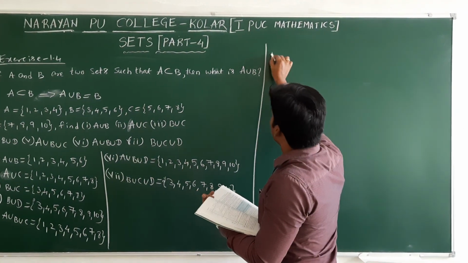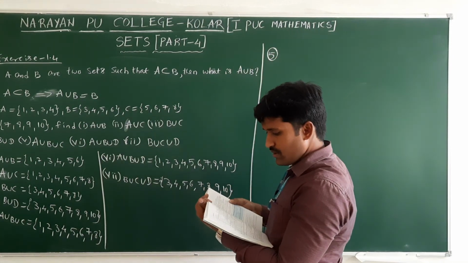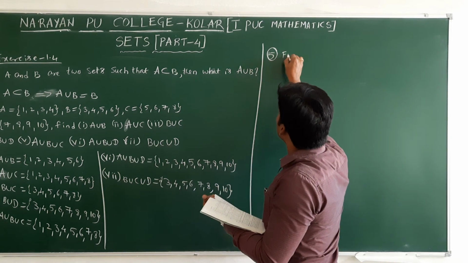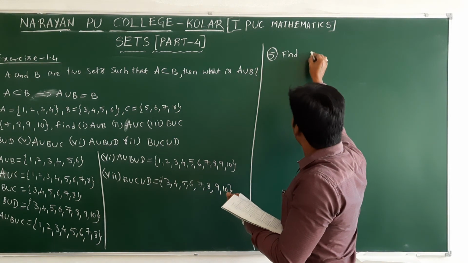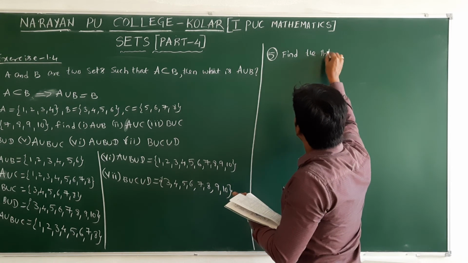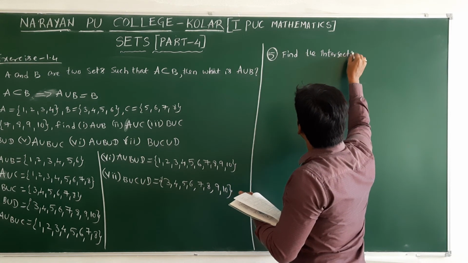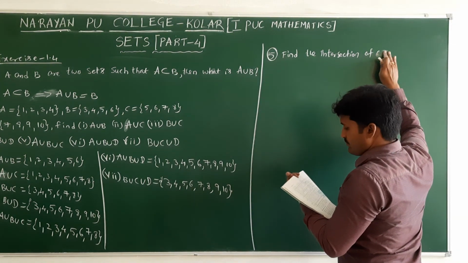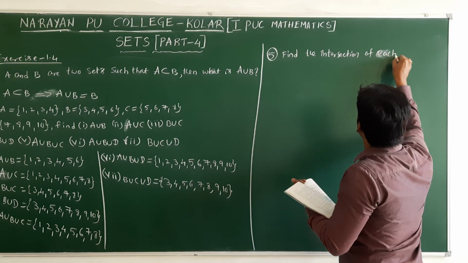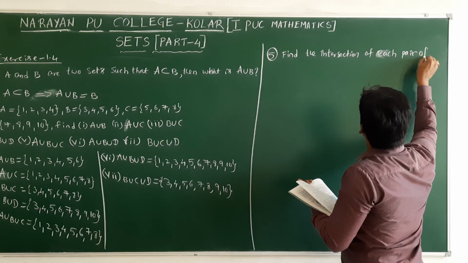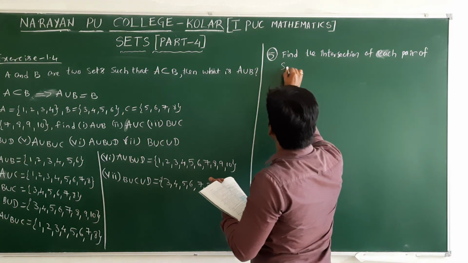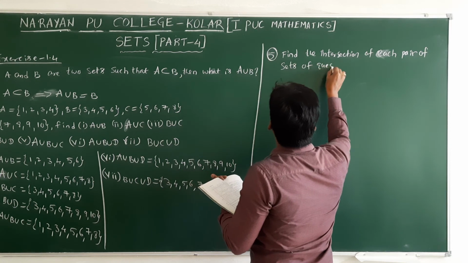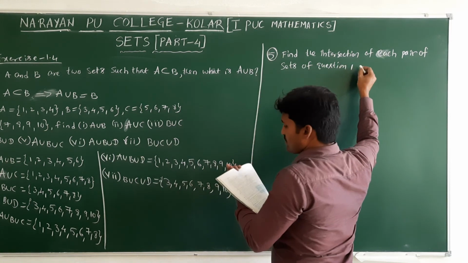Next, question number 5. Same, find the intersection of each pair of sets in question 1.